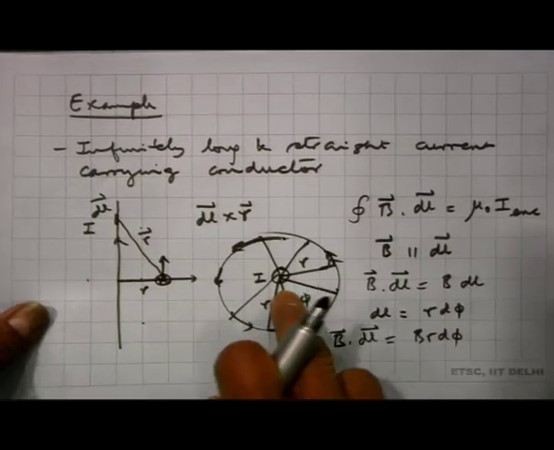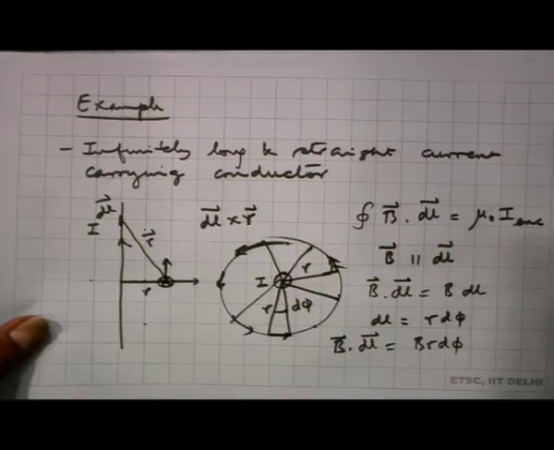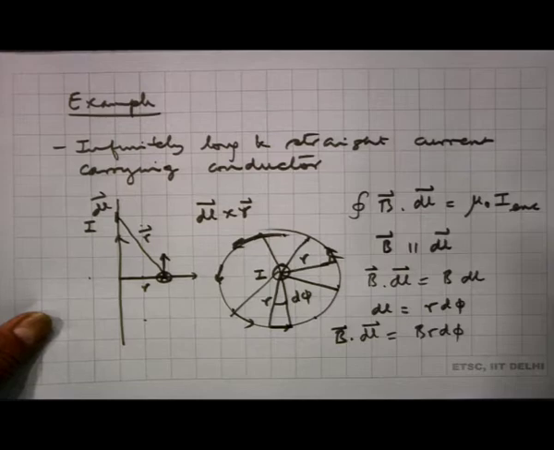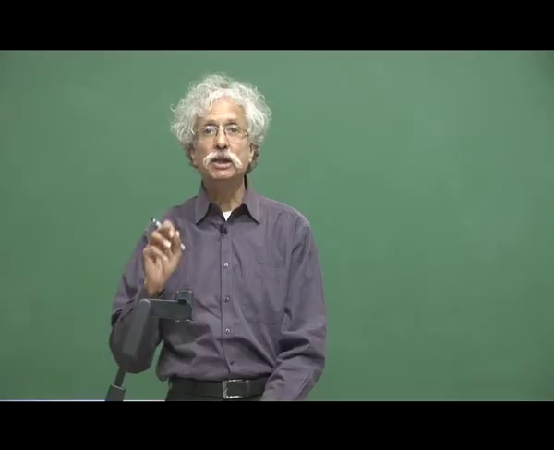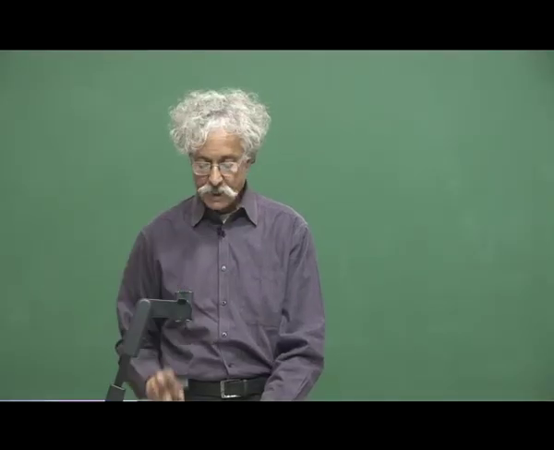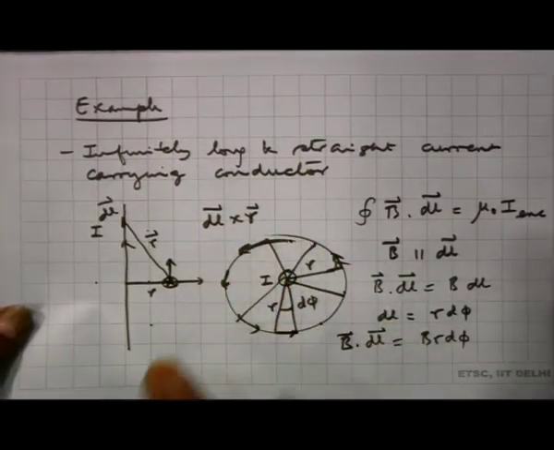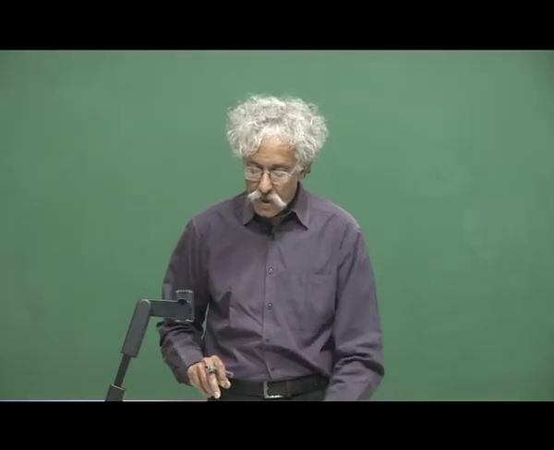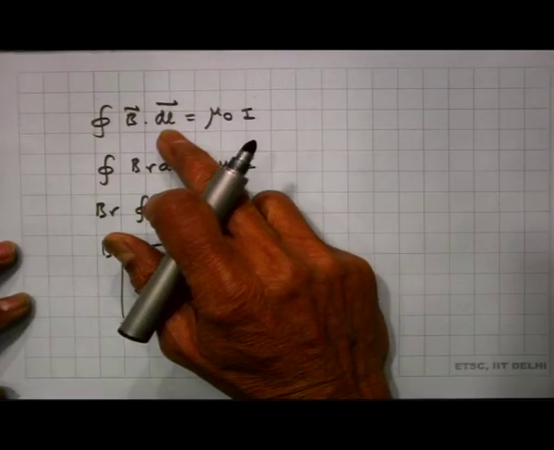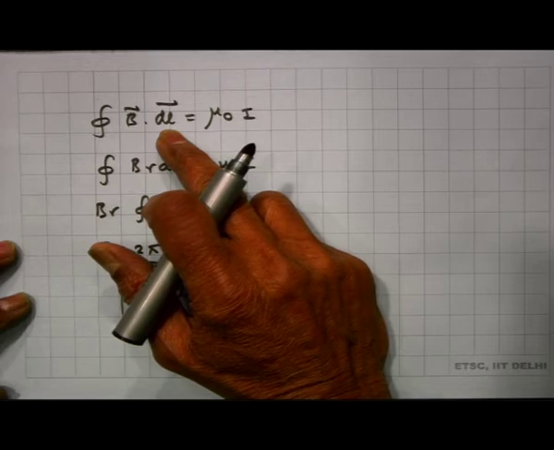So, I have taken a circular path around the wire. If I take some arbitrary path, I will not be able to do this. So, I must choose a judiciously chosen path of integration, and here it is a circular path around the wire. Because I have chosen that path, B happens to be parallel to dl at every point.